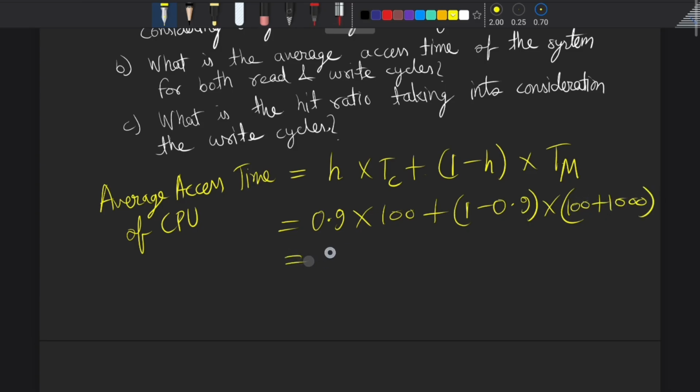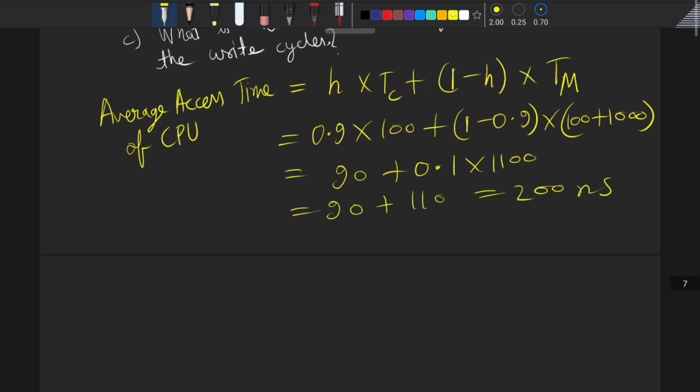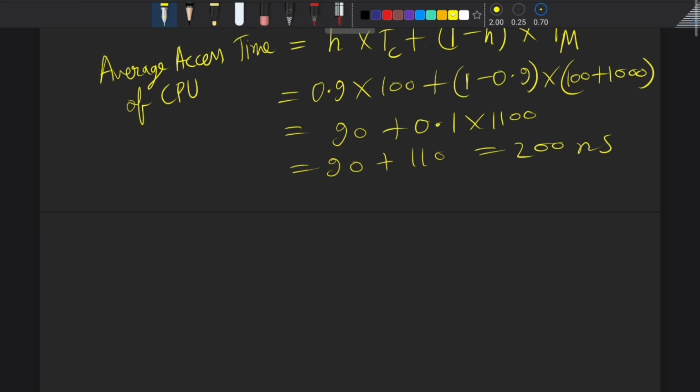Now let's calculate it. So it will be 90 plus 0.1 into 1100. It will be 90 plus 110, which is 200 nanosecond. So the average access time of CPU has been calculated by us as 200 nanosecond.